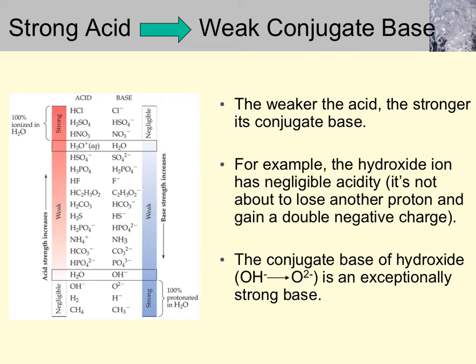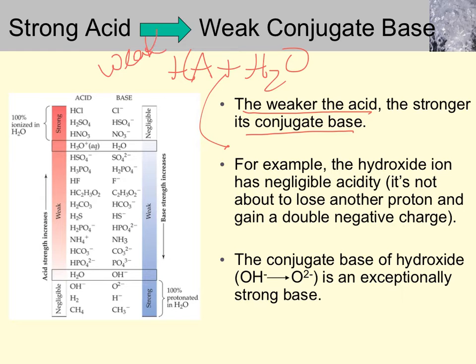Here we go now with that sentence I told you to ignore a couple slides back. The weaker an acid is, the stronger of a base its conjugate base is. So let's look at our generic reaction for an acid again. We're going to dump a weak acid, I'm going to just call it HA, into water. There's going to be an equilibrium because it's a weak acid.